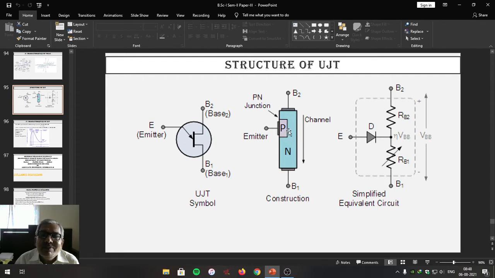That is the resistance between the PN junction and base B1. That spread resistance we call RB1. Also, the resistance spread between the junction and B2 is called RB2.